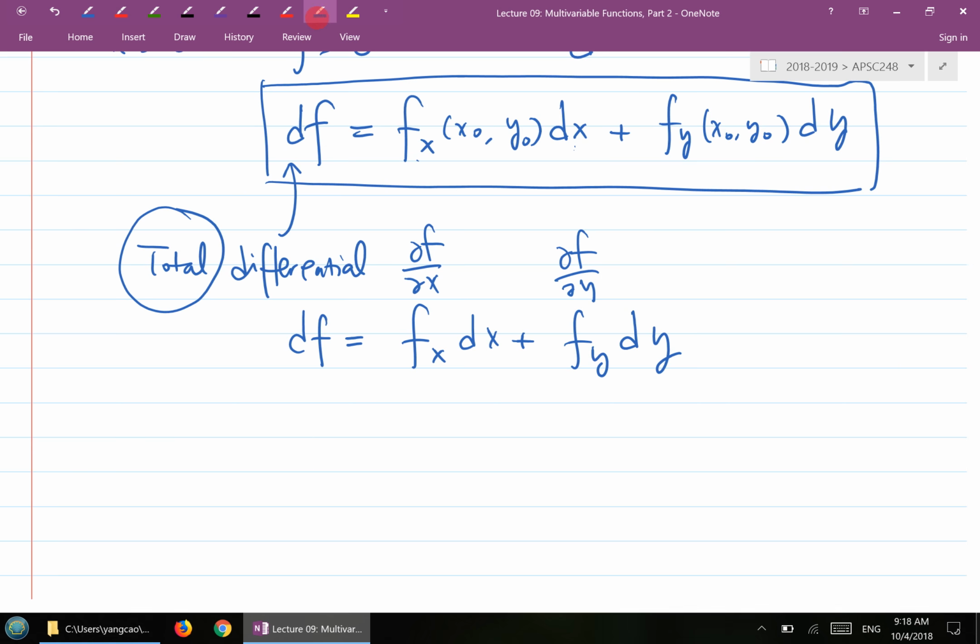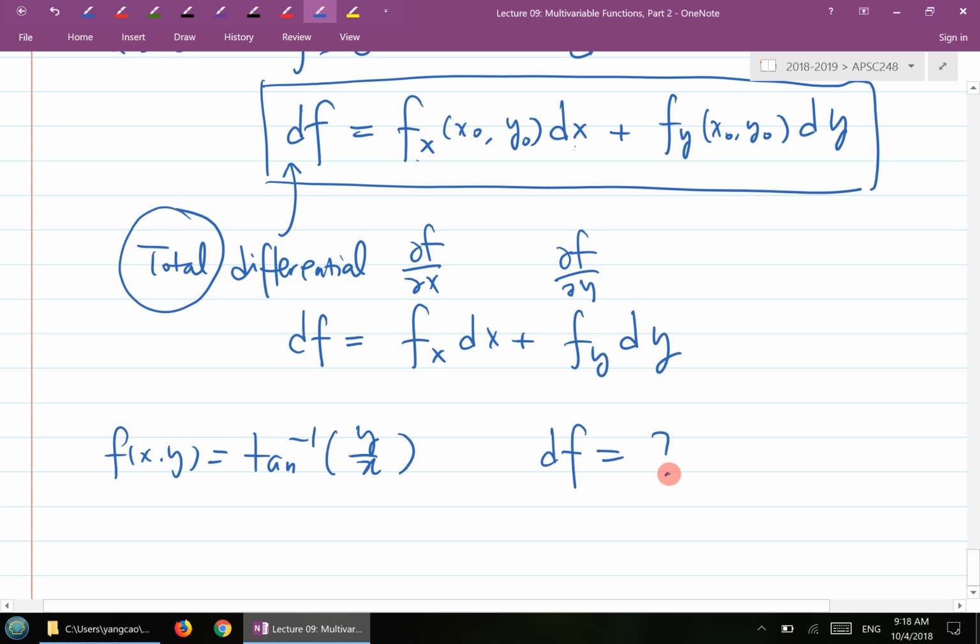So I'll use the example that we have just gone through to illustrate. That's the multivariable function, the inverse tan function. Now if I ask you to write down the total differential for this function f, what you do is follow this formula exactly.